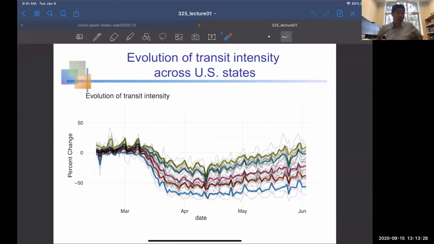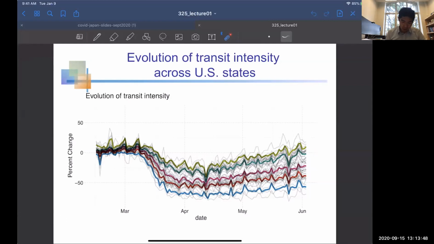So that we have a corresponding number for BC or Alberta, Ontario, and so on. But here I'm gonna try to see how much people's mobility reduced after COVID, and then they recovered when they started to reopen.